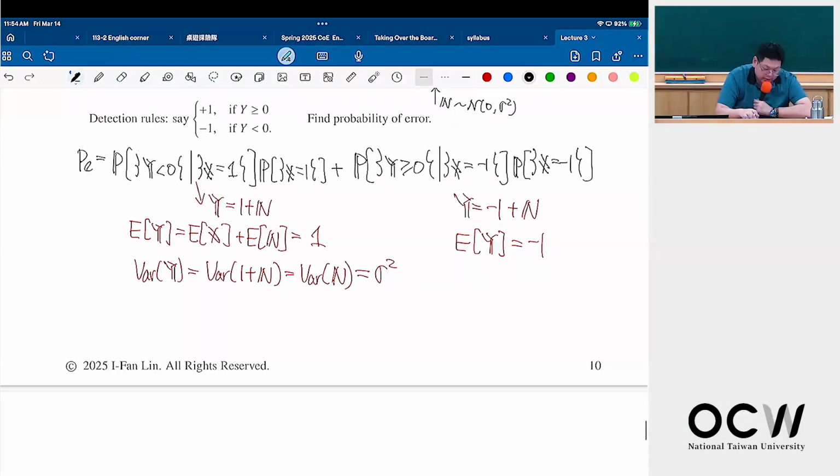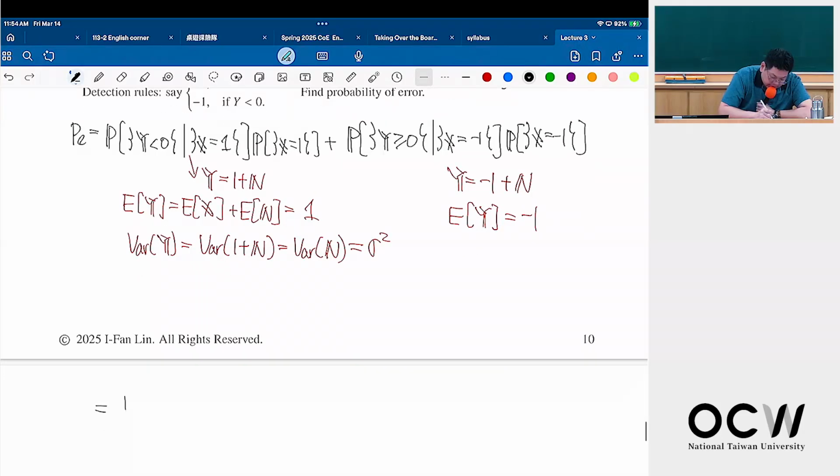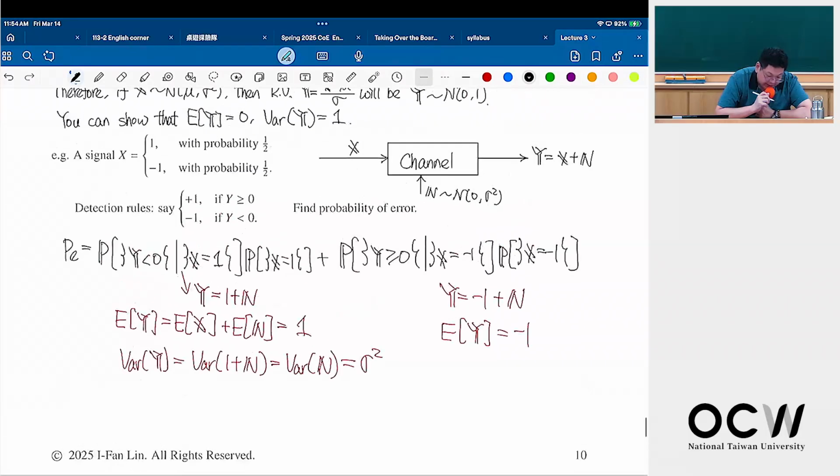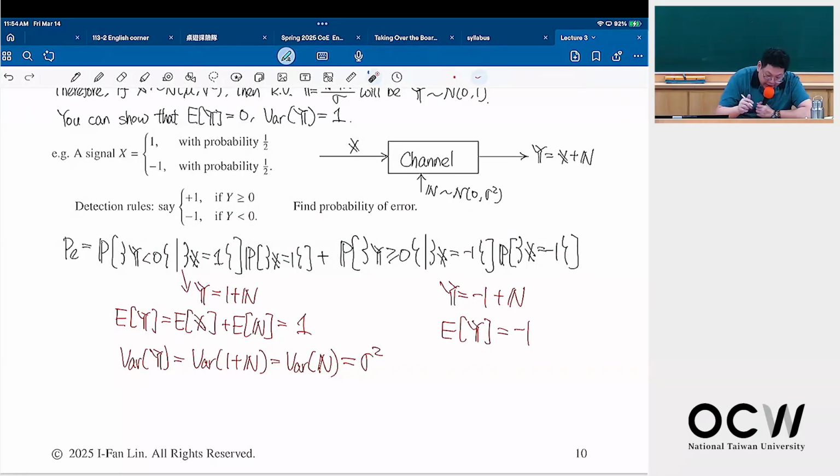Okay. So now for the probability of error, I get 1/2 times the integral from minus infinity to 0 because Y is less than 0. And how do I know which distribution Y has? Under this condition, Y equals 1 plus N, and we know N is normal distribution.